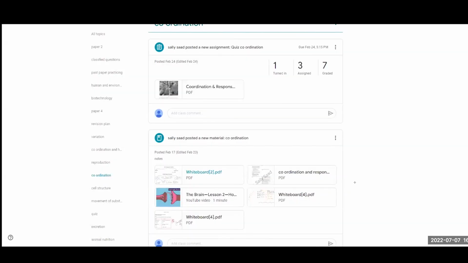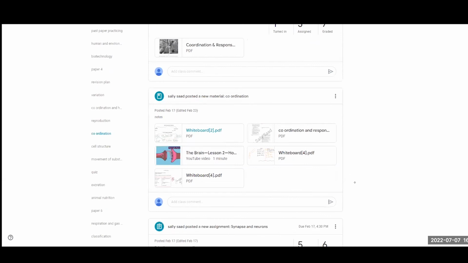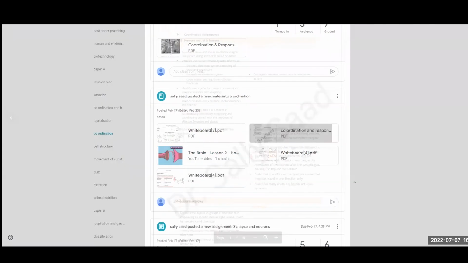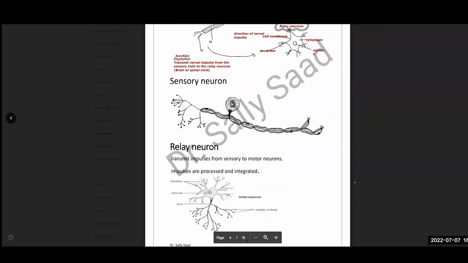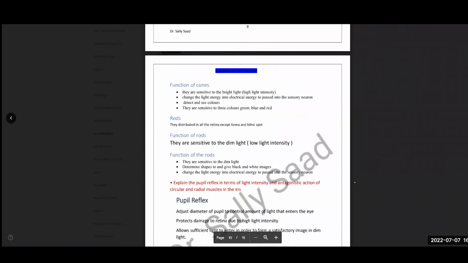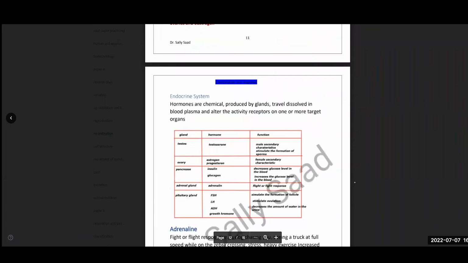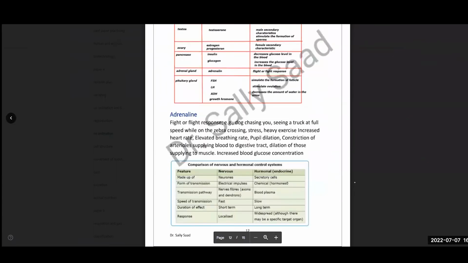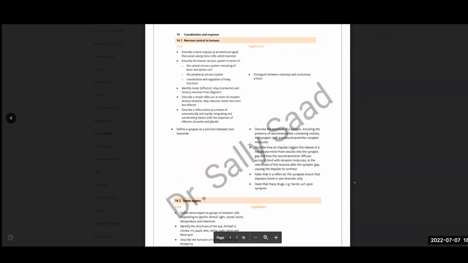What else? Here there is another video I used to explain the synapse. I want them to watch the video. It will help them to remember it. Here there are the PDF notes, which will be given when all the sessions of that chapter are done, so it will be with them as a handout to use with the whiteboards.